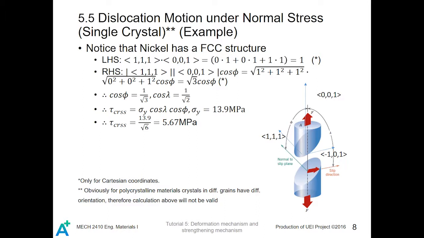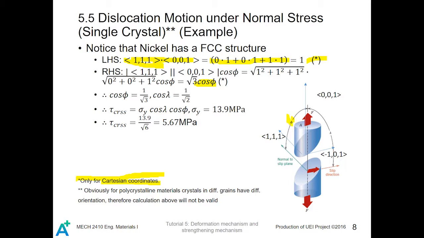You can do this only for Cartesian coordinates. For the right-hand side, you just take the absolute value, and I suppose you should know how to take the magnitude of a vector, which you should have learned in multivariable calculus. Basically, we can find the cosine of the angle between the 1 1 1 vector and the 0 0 1 vector, which is this term.